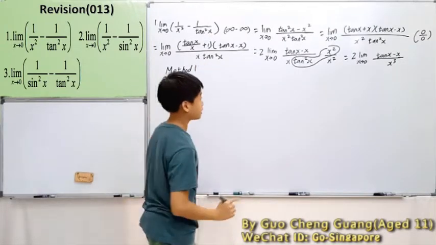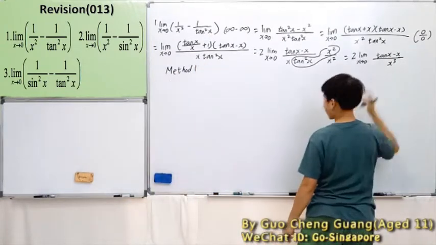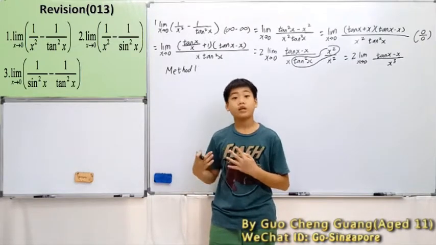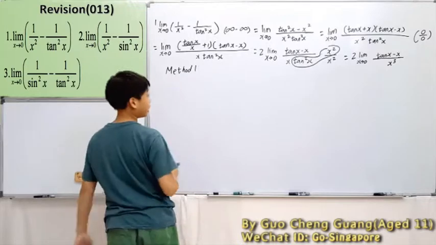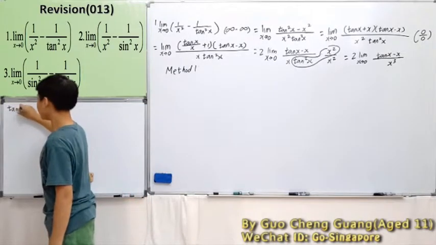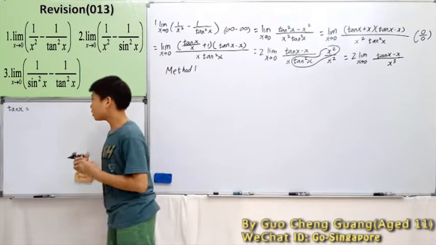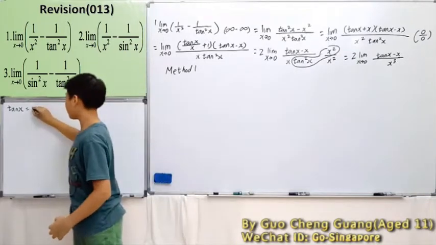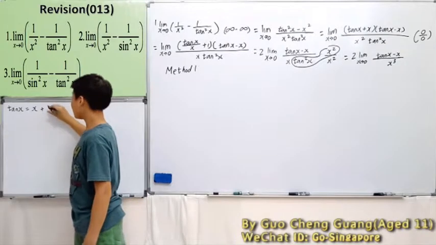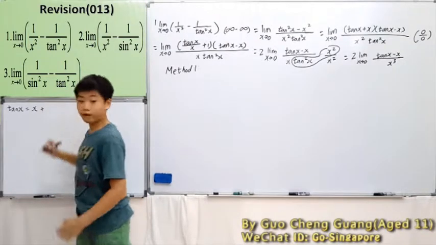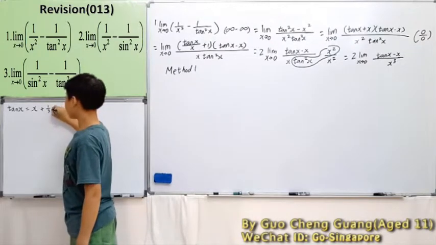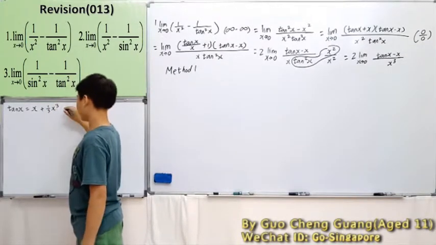The first method: for tangent x, we could try to change it using the Maclaurin series. Let me tell you what it is like for tangent. So tangent x, when you use the Maclaurin series, becomes x, then plus 1/3 x cubed, like this, or you could also put x cubed at the numerator.